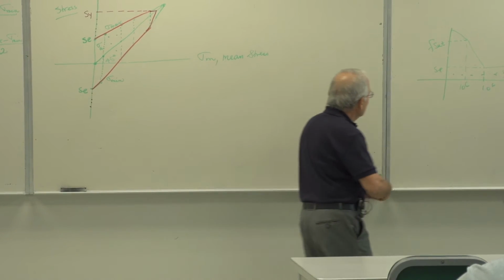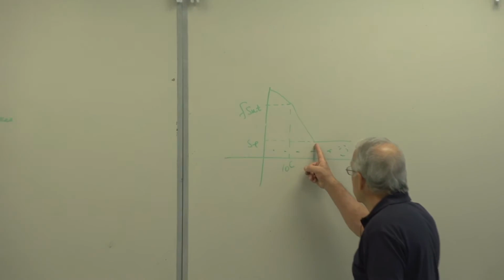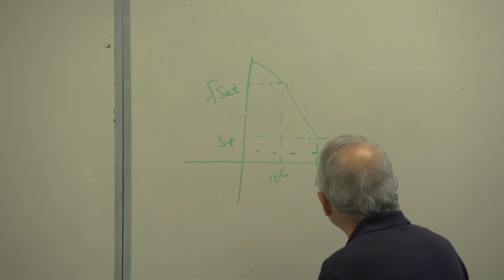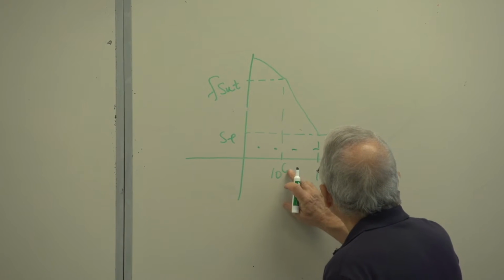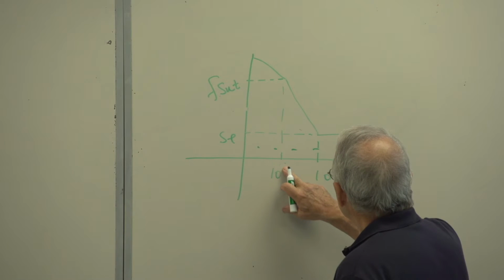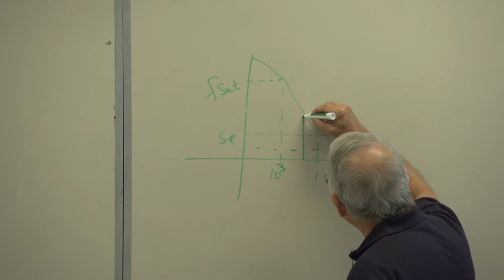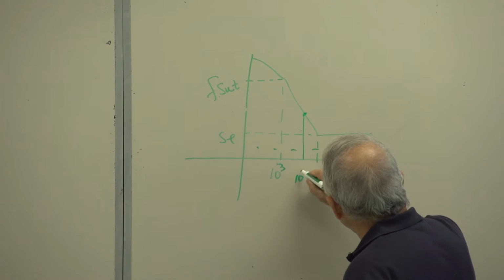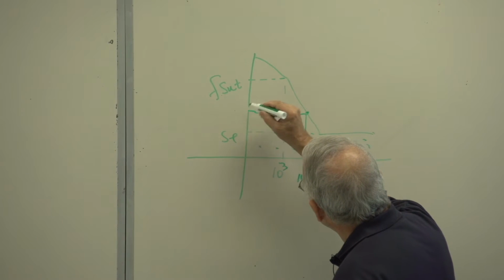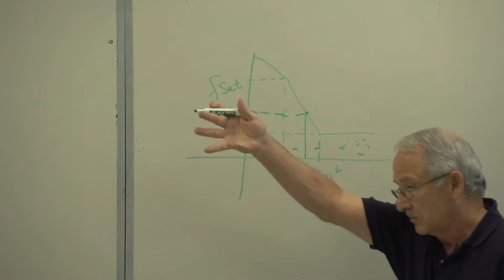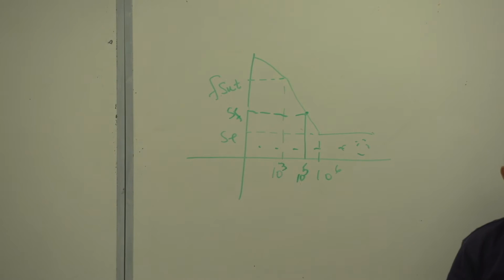In other words, rather than 10 to the 6 and SE, oh, these both can't be 10 to the 6, that's 10 to the 3. I come up here and say that's 10 to the 5. There's SF. Incorporate that over there.